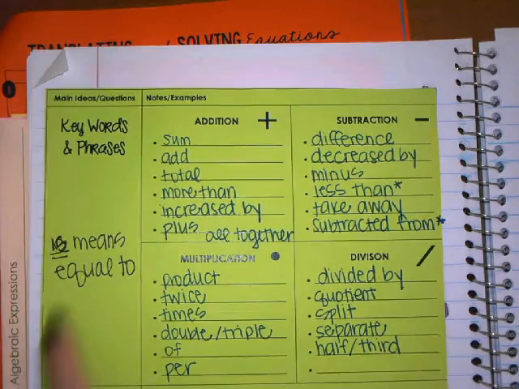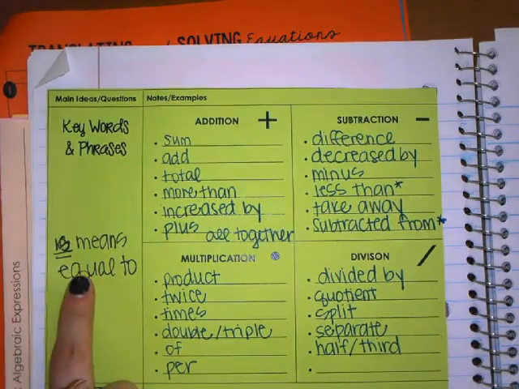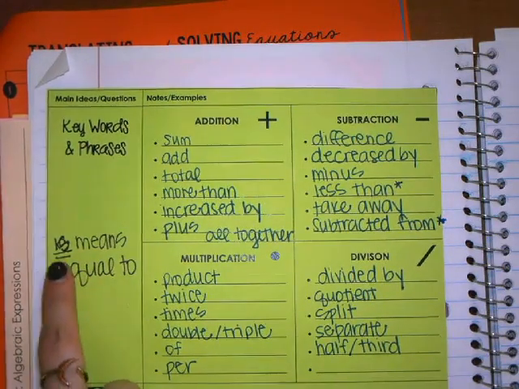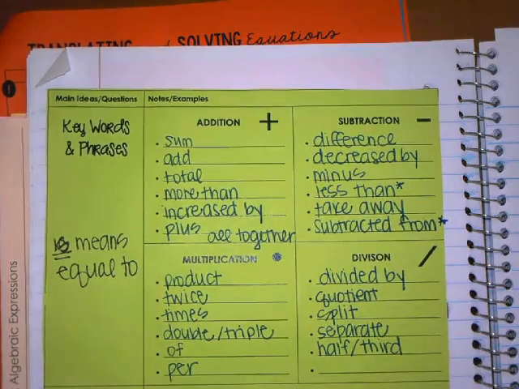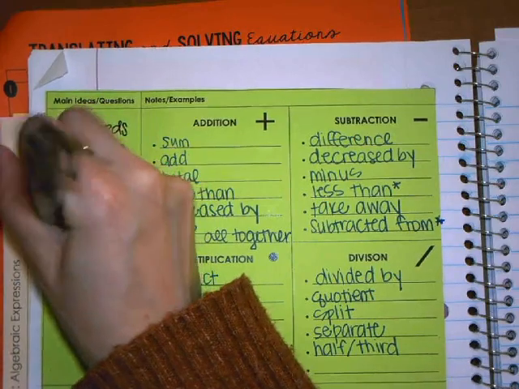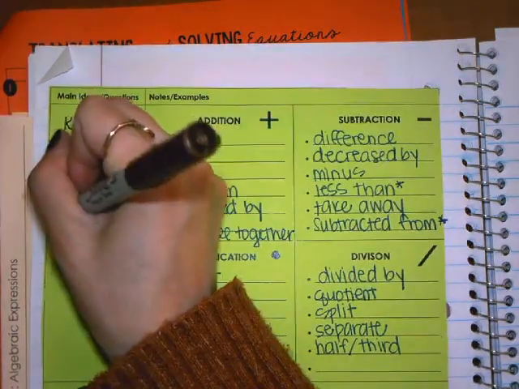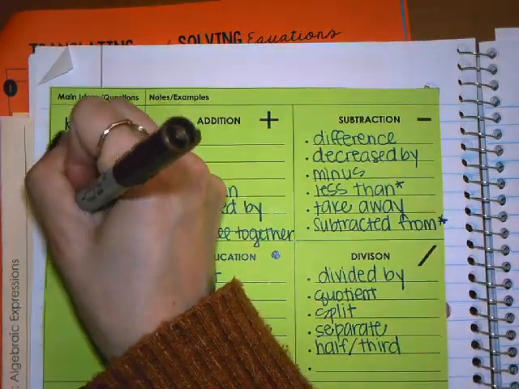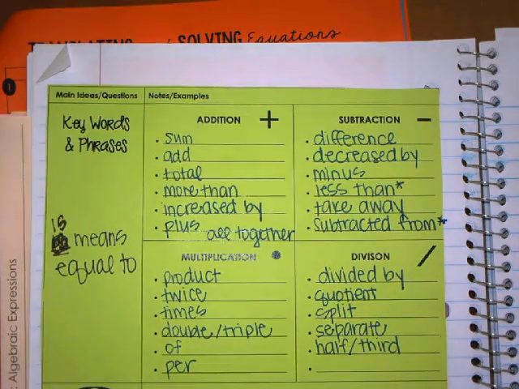Use it as needed. I did add in this little part just now off to the side where it says is means equal to. I know that looks a little weird. I just can't write my S's today, apparently. So is means equal to.